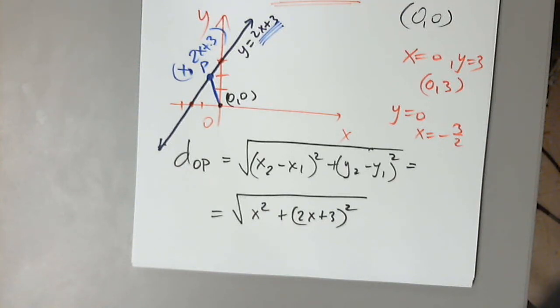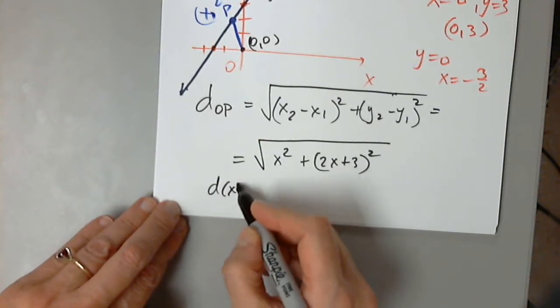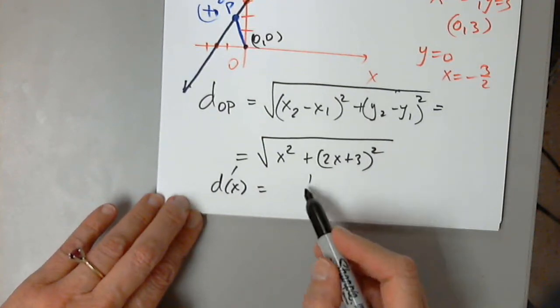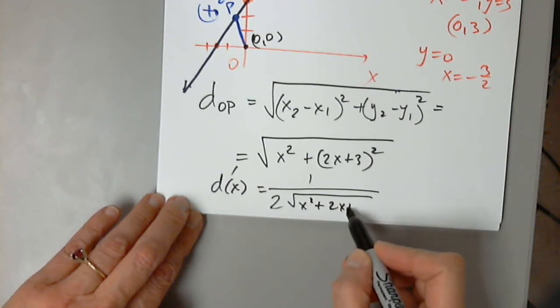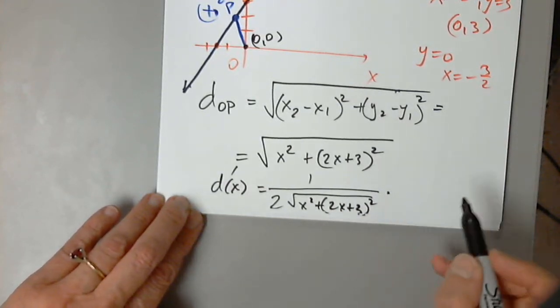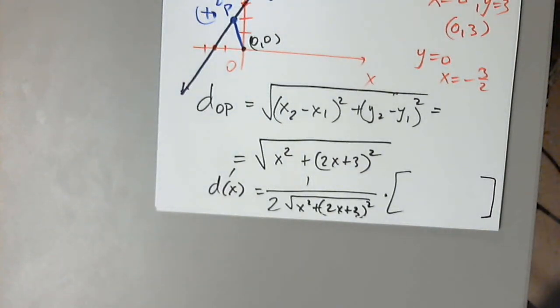Now, since I have the function, I have to do what? What would be the next step? Differentiate. Right. So let's differentiate this distance. It's a function of x. So when I differentiate, I get 1 over 2 the square root times the inner function prime. Have to be careful with that.